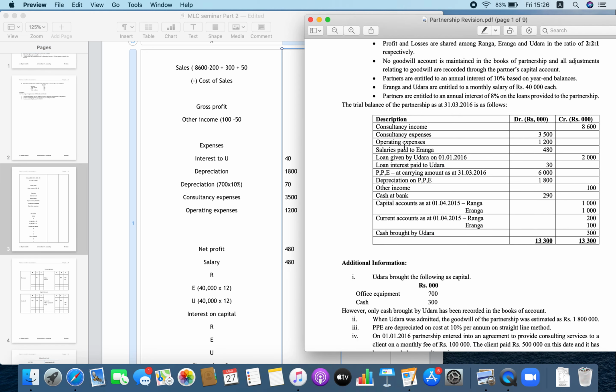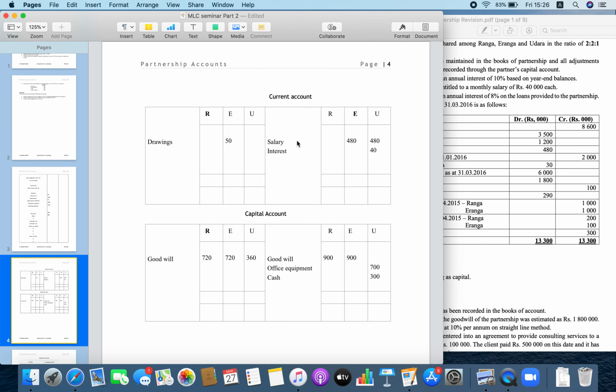Next one, salaries paid to Eranga. Now guys, when you did the MCQs, I gave a specific note saying that if there is a salary in your agreement, that should come on the current account credit side. But if the same salary has been paid, then it should come to the current account on the debit side. Now when you go to the current account, there is already a salary on this side, that is in the agreement one. So agreement one is always credit, but from this, if anything has been paid, then you should debit to the current account.